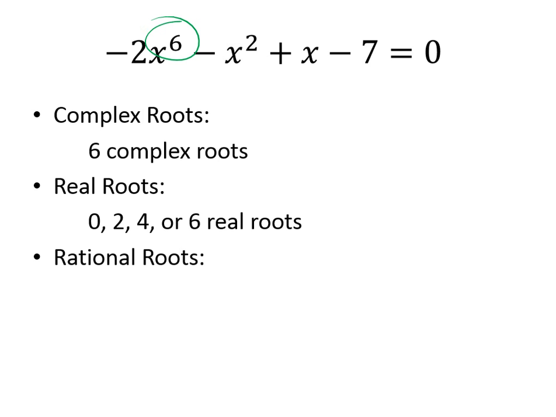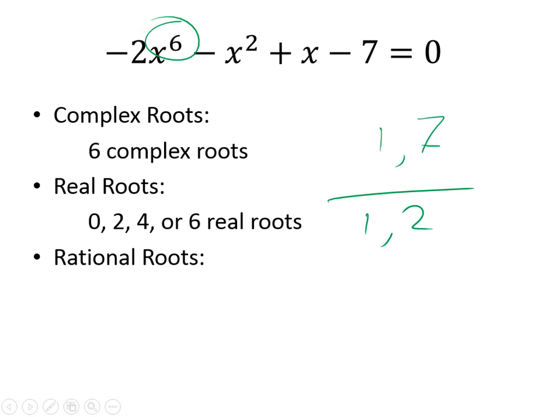And as you see, we can only have 0 and the even numbers, because if we had an odd number of real roots, then we would have an odd number of irrational roots or imaginary roots. And then what are the possible rational roots? Well, you go 7, factors of 7 are 7 and 1, and that would be all over 1 and 2.